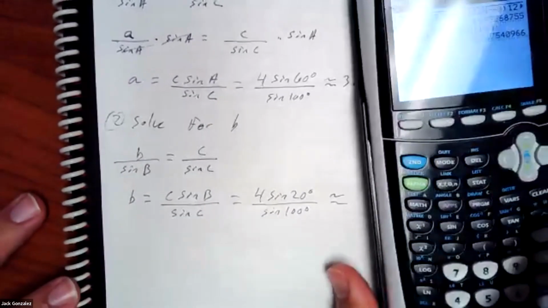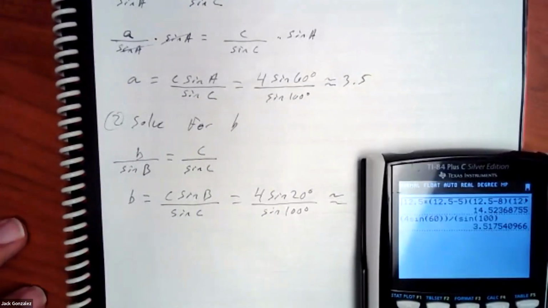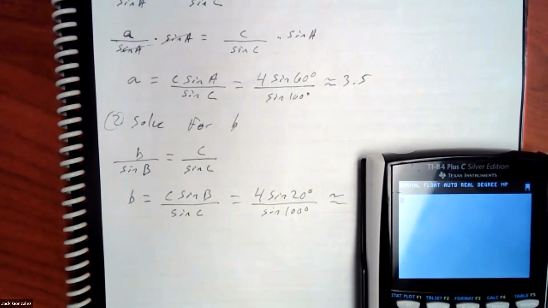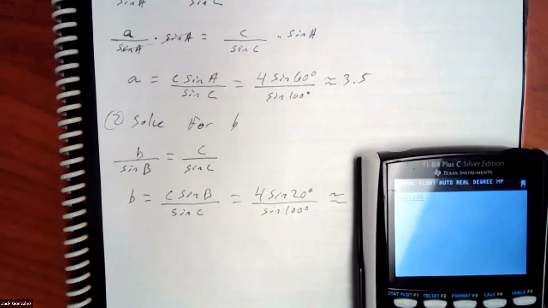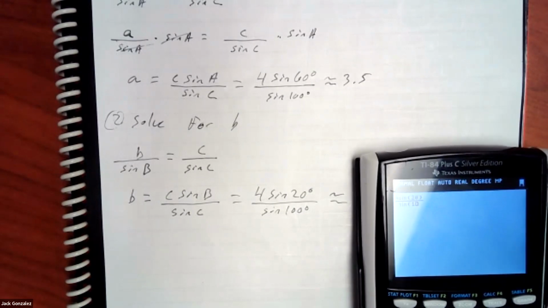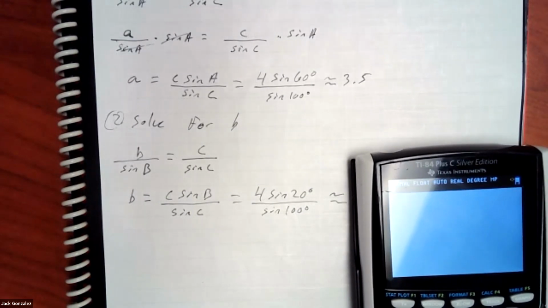If you have a TI-84, you can do the fraction button and avoid the parentheses. If not, just do the parentheses like I showed you. It should be fine.